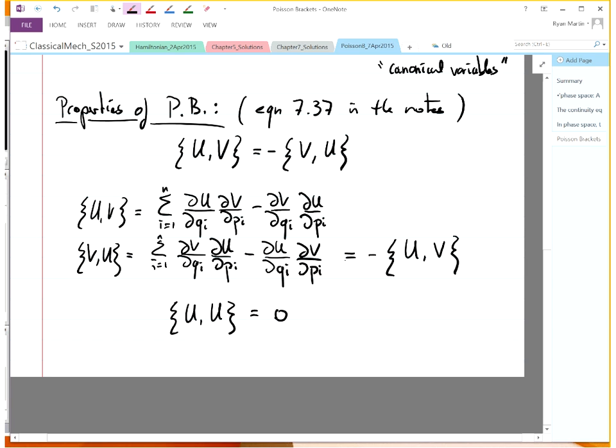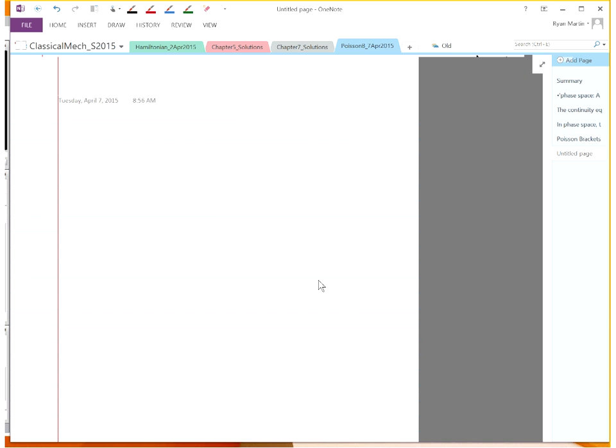For example, the Poisson bracket of something with itself is 0. That's pretty obvious from the definition. I'm not going to prove it at all. If I remove all the V's and put them all U's, then I'm always doing something minus itself. So you always get 0.